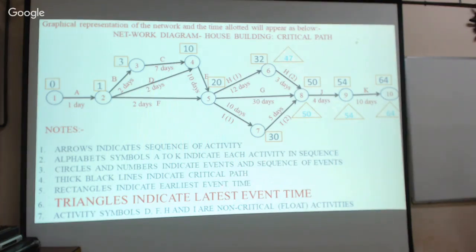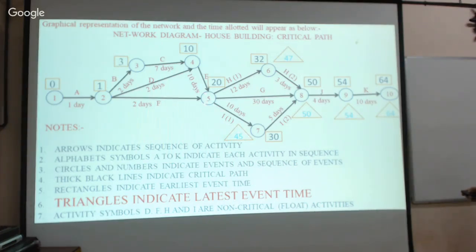And similarly, for event 7, the latest event time is 50 minus 5, which gives rise to 45. Similarly, now if you reach the next one.